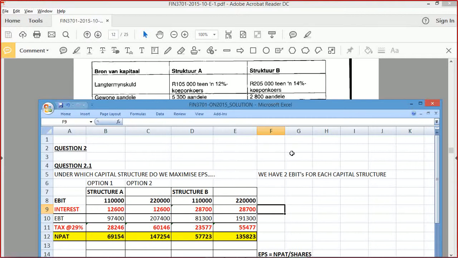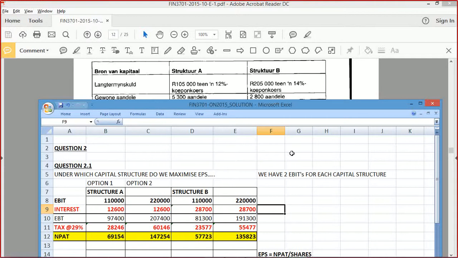So that's 28,246. Okay, so I get to 69,154. Yeah, that would have been the first net profit after tax for the second one, EBIT at a level of 110,000 for the current structure A.